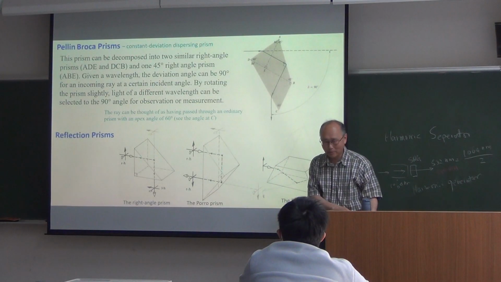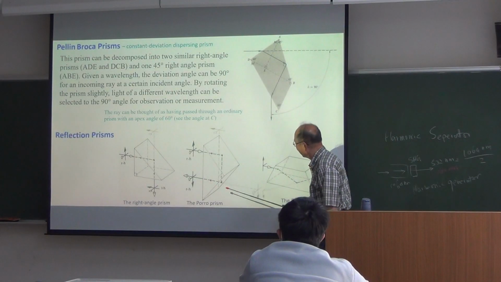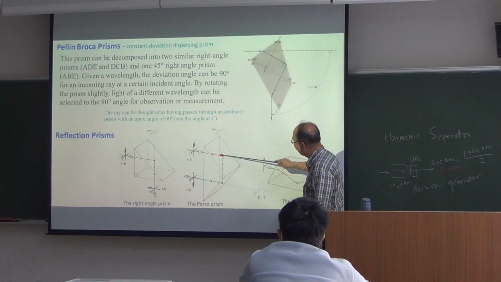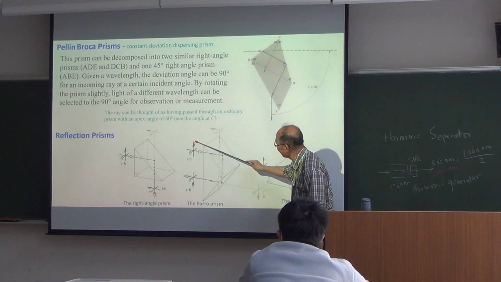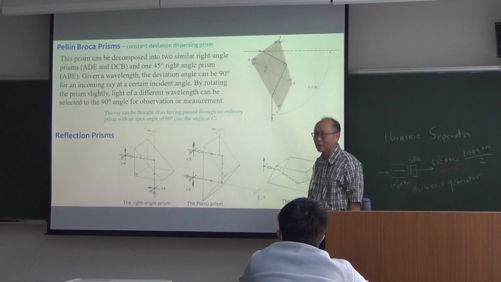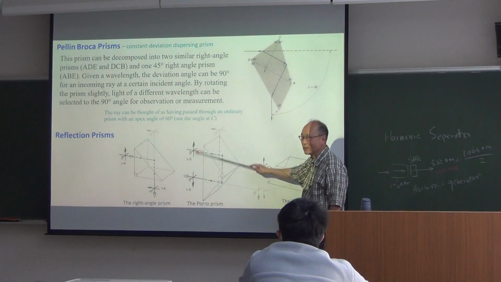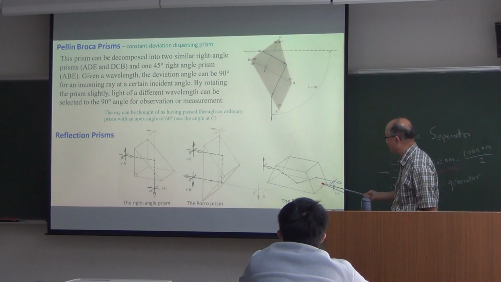For example, for this one, you have some object like this, but then if you take the image here, this part is going to be pointed downward, and left and right are still symmetric, but up and down will be anti-symmetric.